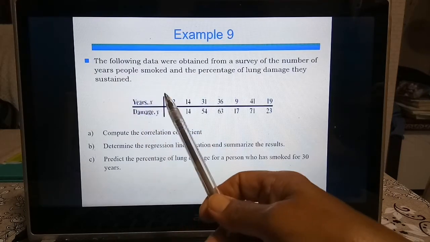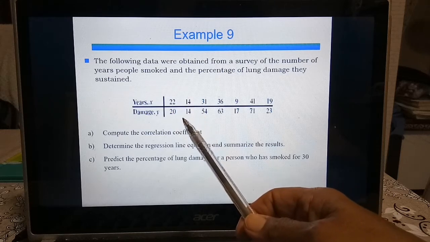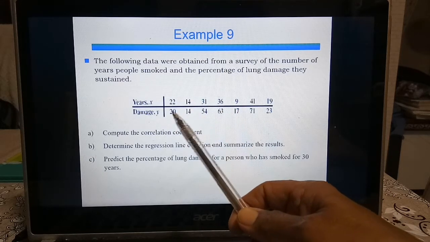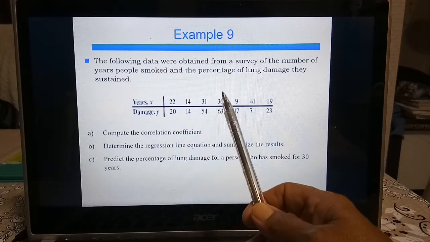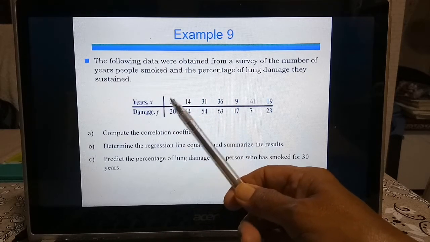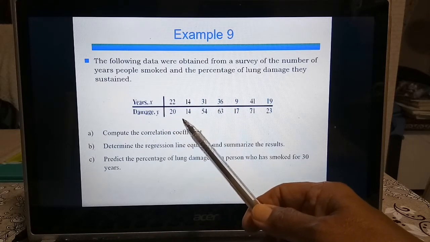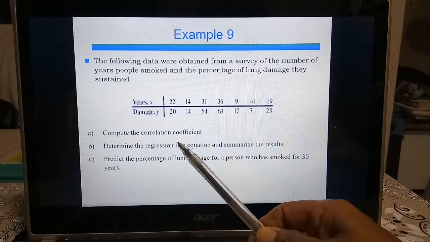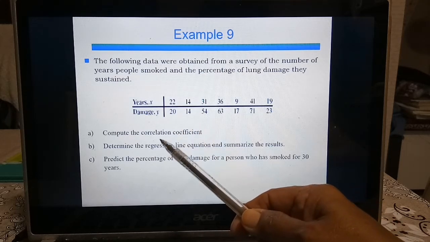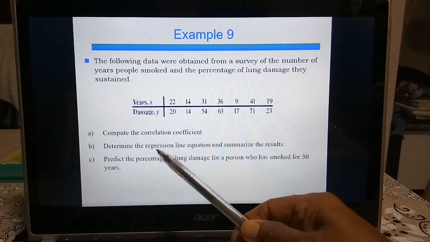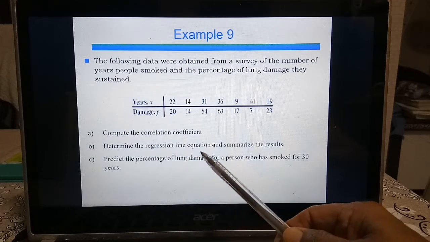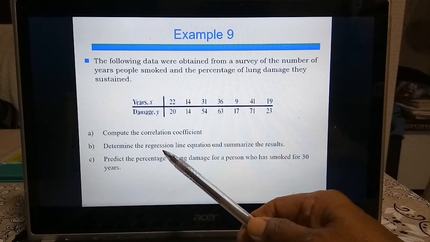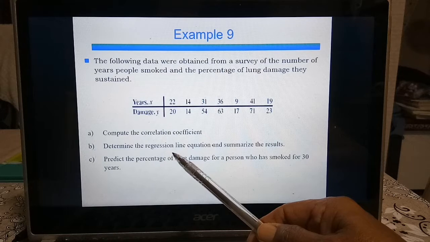Okay, another example. The following data was obtained from a survey of the number of years people smoke and the percentage of lung damage. Now compute the correlation coefficient. This is the value of R we want to calculate. Determine the regression line equation, which is from part 1 of chapter 9.